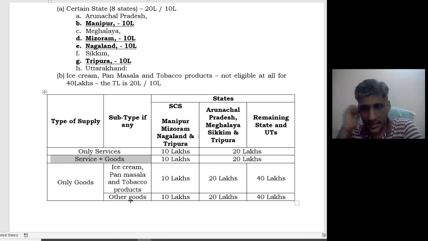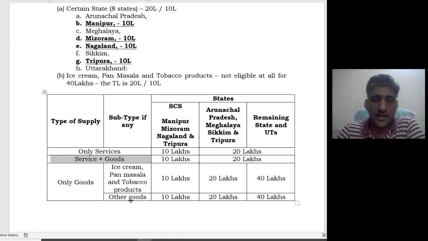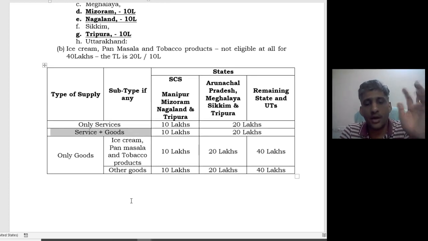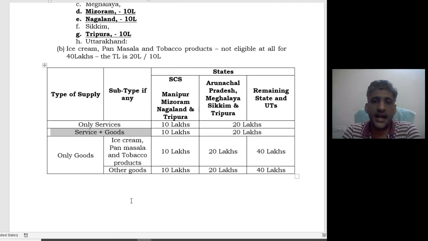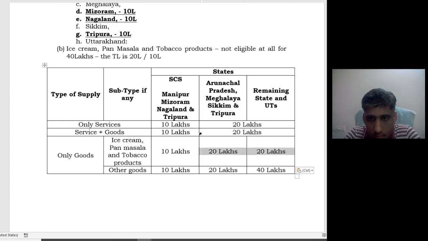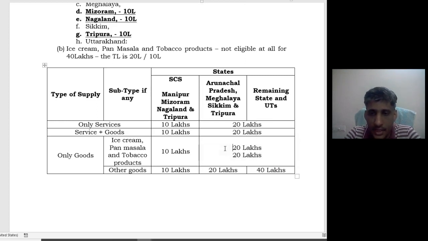Any other states, it is 20 lakhs. If it is only goods, then if it is ice cream, pan masala, tobacco, gutka, then again it is 10 lakhs for special category states and, sorry, this is also 20 lakhs for the others, because they are again not eligible for this 40 lakhs.